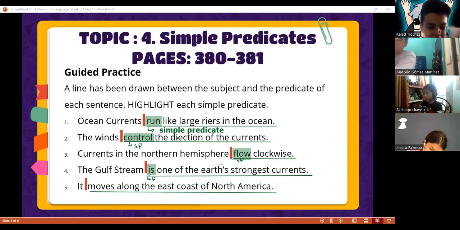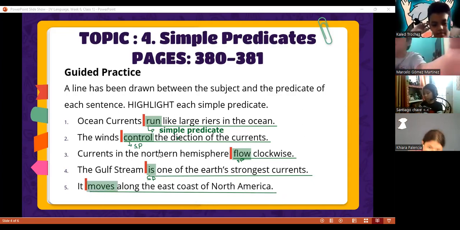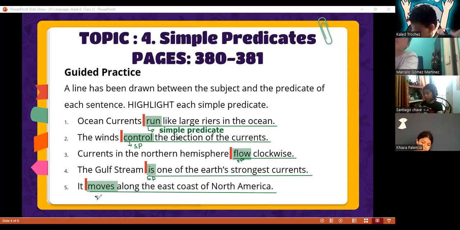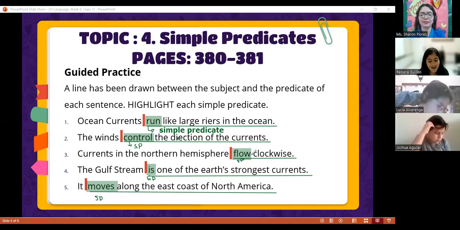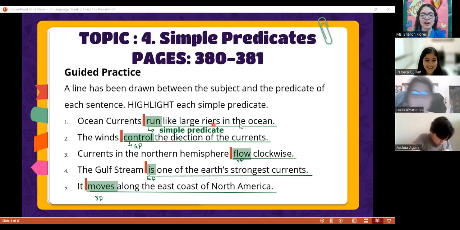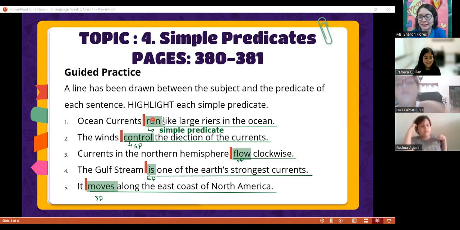Moves. Moves. Excellent. Moves is a simple predicate, class. That is the action, the most important word. Why are all the simple predicates the first word? You see the subject and then you have the predicate. And in the predicate, the first word is the simple predicate because that is the verb.